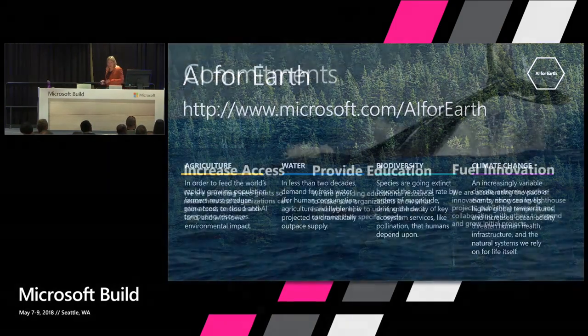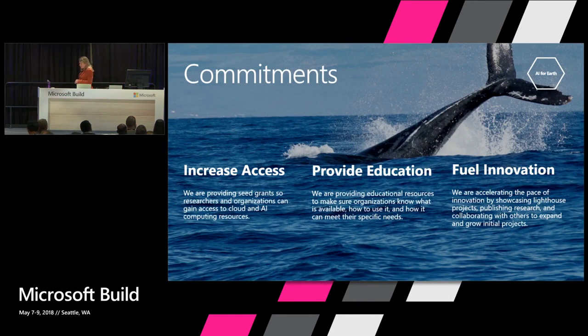As we were talking to people about forming the program and figuring out what was needed, we spoke with customers all over the place, and they told us that they needed 3 things. The first was access. There are a lot of brilliant environmental scientists out there who have data, have cool problems to solve, and have the domain knowledge to solve them, but they need access to cloud compute resources, to machine learning tools, those types of things.